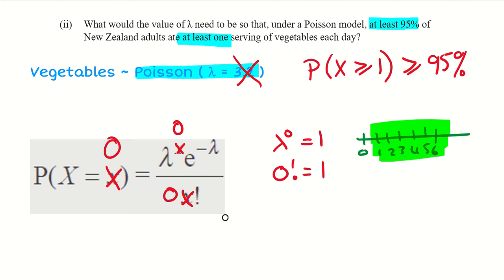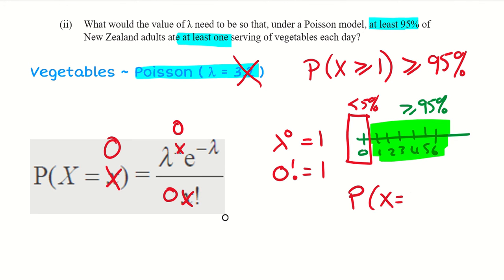If that probability is at least 95%, that means this little piece on the end, the 0 probability, needs to be less than 5%. So what I'm going to change that to is the probability x equals 0 needs to be less than 5%.